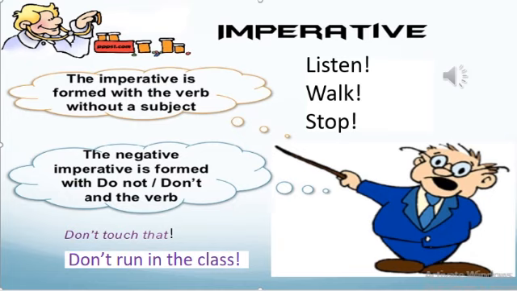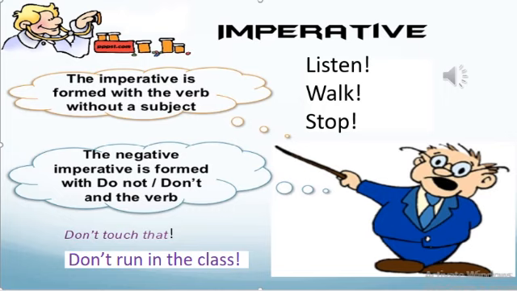To understand more, I will give you examples of how we use the imperative form. Okay, the imperative is formed with the verb without a subject. For example, we have the verb listen. Can you see the exclamation mark?